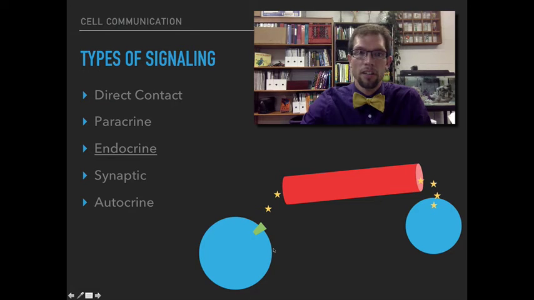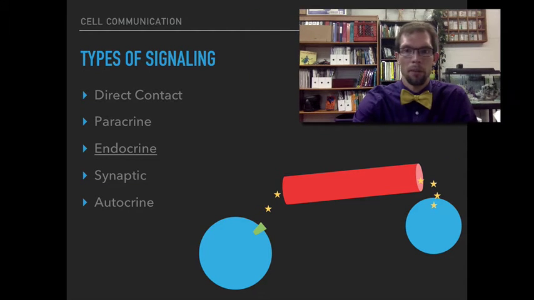So this is different from paracrine in where the signal is actually coming from. It also has a wider range of effects than paracrine, so you're more likely to see body-wide changes. This is what occurs with most of the hormone signaling. So the hormones that you have signal through the endocrine signaling pathway.